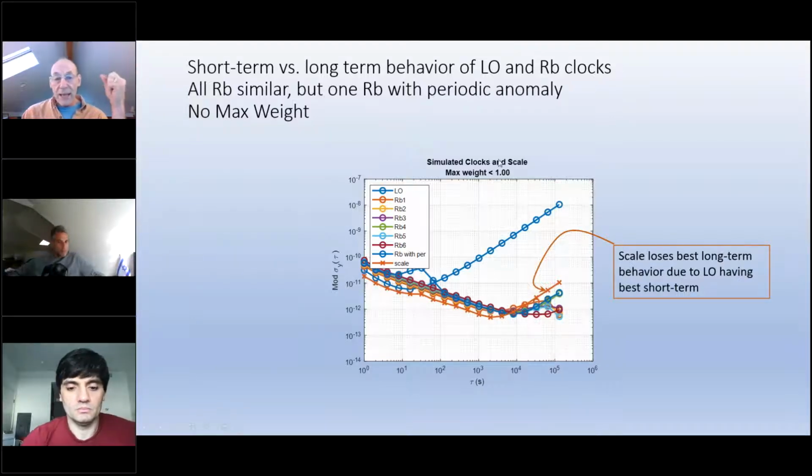That's too much, and I have not limited the maximum weight. I allow the maximum weight to go up to 100%. So the consequence is that the long-term behavior of the ensemble is getting pulled up in long-term because it's stuck on this local oscillator.